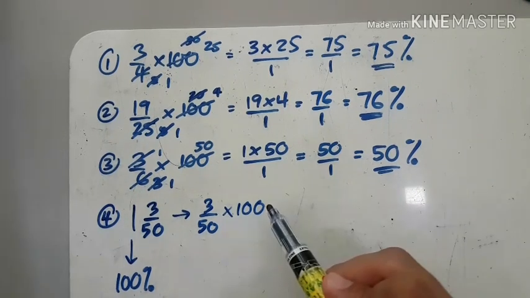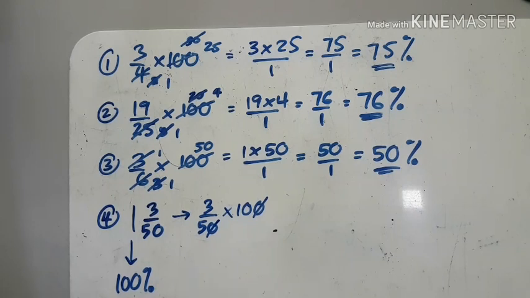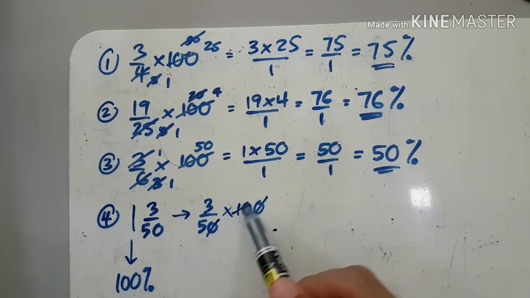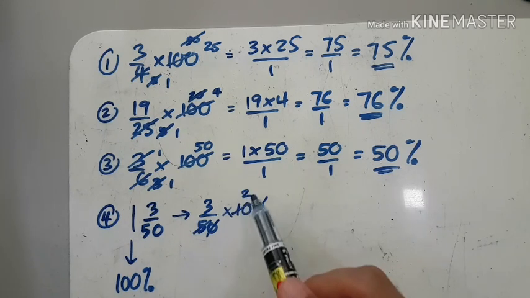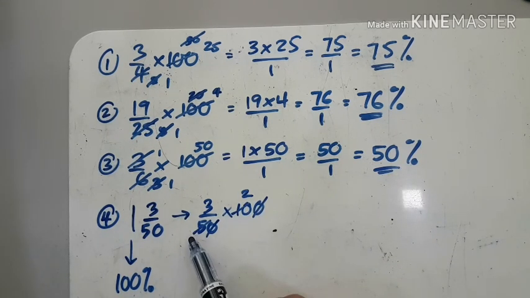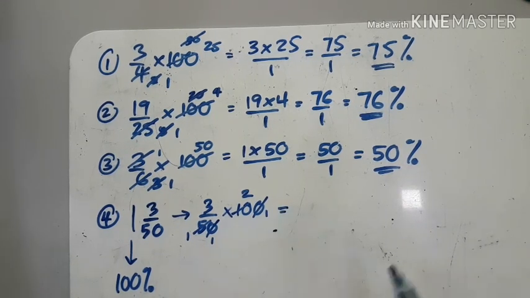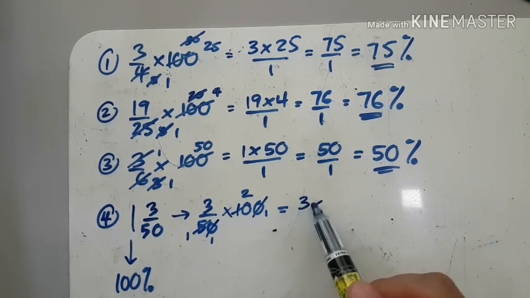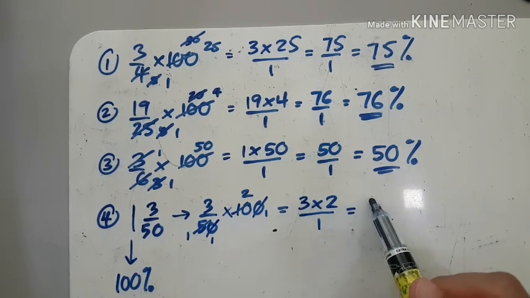So as you can see here, 0, you can get 0 of it. And then 10 and 50, we can simplify. 10 we divide by 5, you get 2. And then 50 divided by 5, you get 1. So what do we get? It's 3 multiplied by 2 on 1 to get 6 on 1.